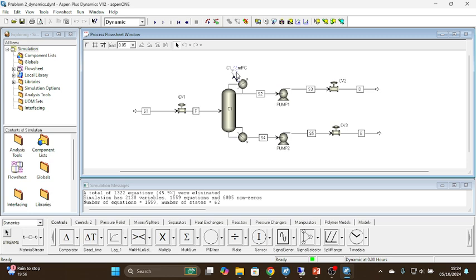Now this is how a controller looks like. We have one pressure controller over here.